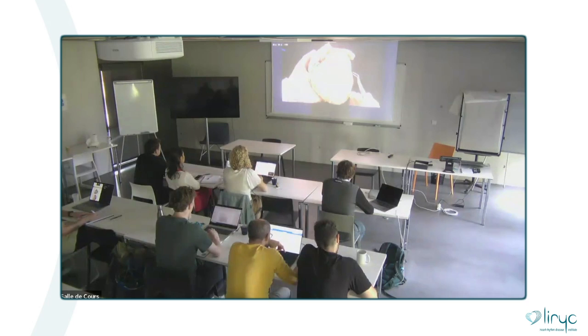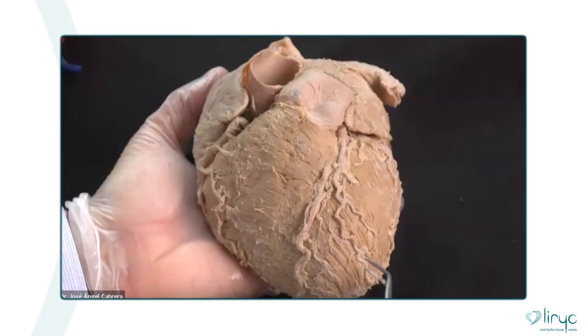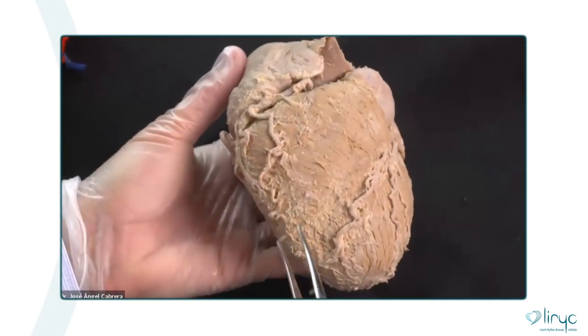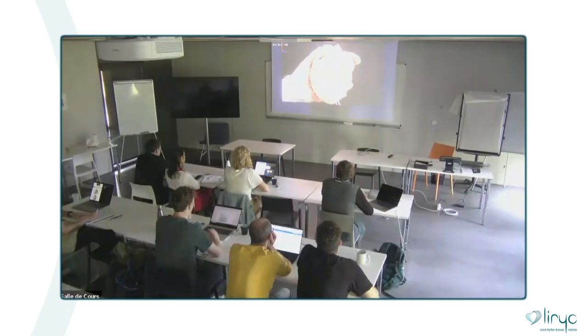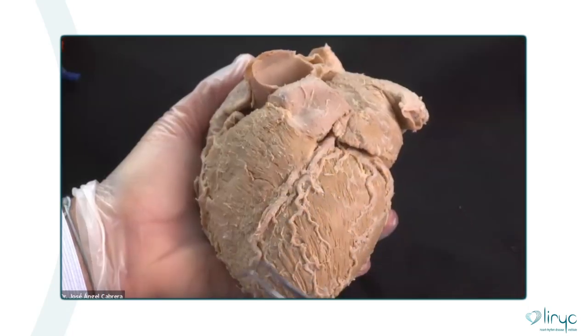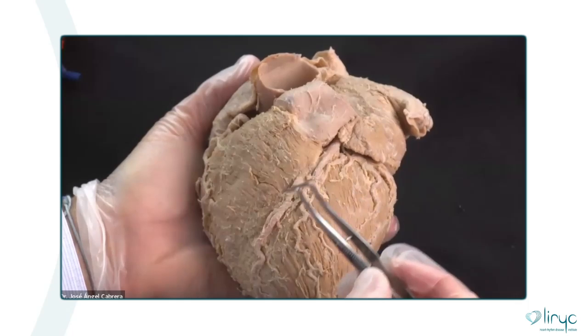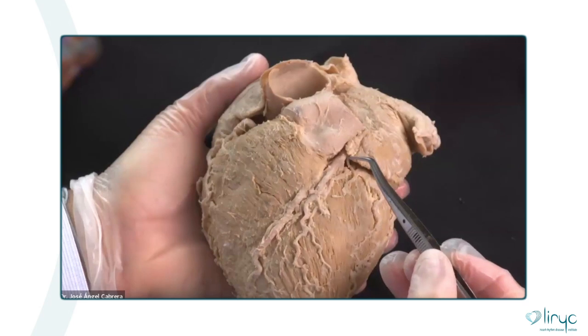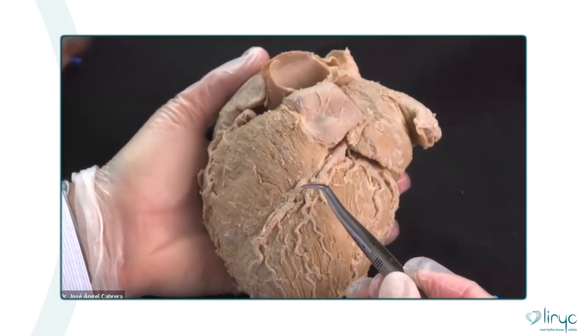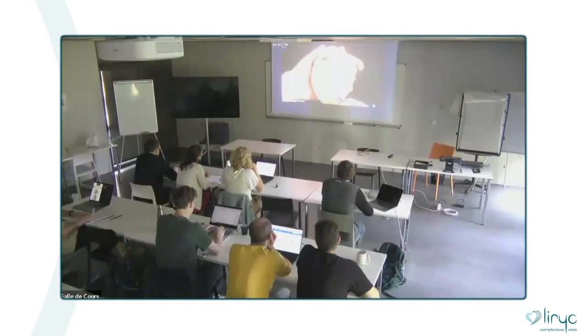This is the left border, and this is the right border. And you can see that the apex belongs only to the left ventricle. This is the left ventricle, and this is the right ventricle. Here you can see the anterior interventricular groove.